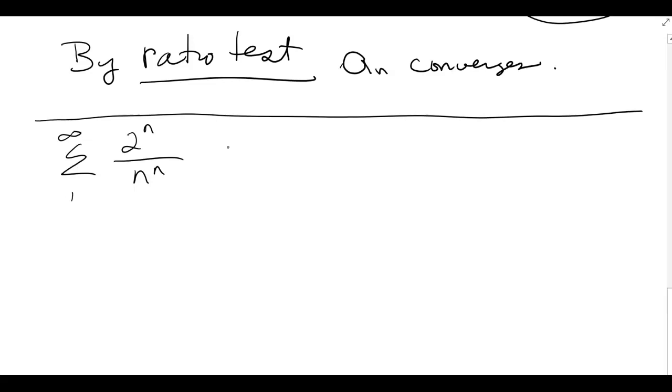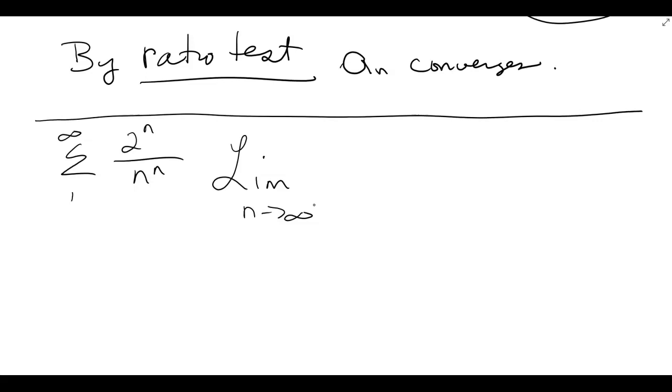All right. So I'm going to use a ratio test here. And again, when you're taking the test, I always say you should always try the divergence test. But if you see something like this, you see a factorial, you probably just want to jump right to the ratio test. Because n to the n is going to go to infinity much quicker than 2 to the n.